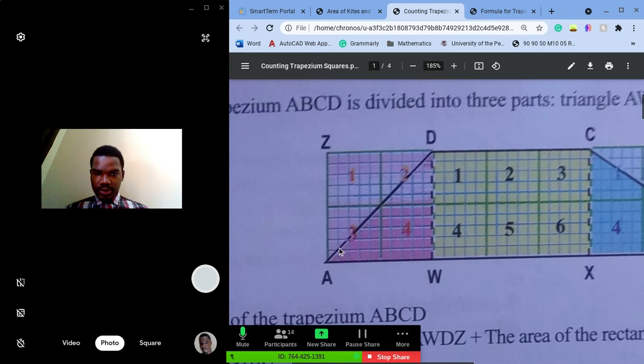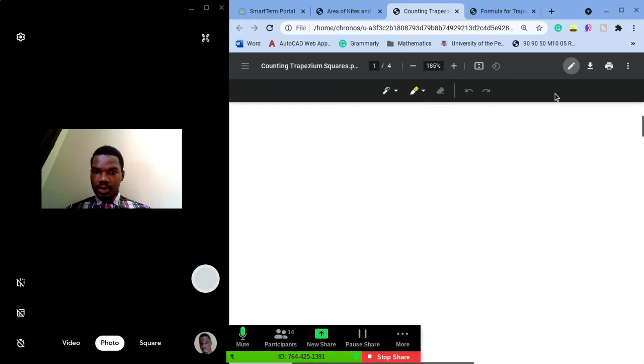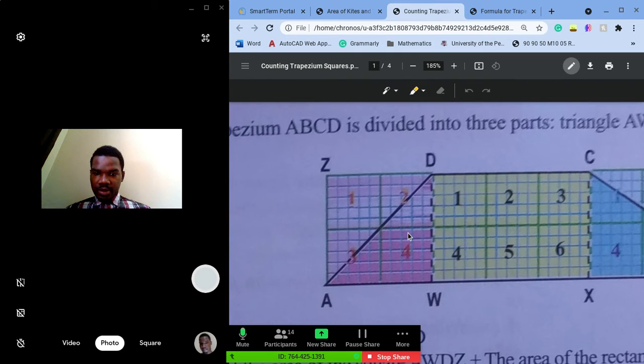Look at it closely. We have 4 squares, right? 1, 2, 3, 4. Wouldn't half of those squares be exactly 2? Does everybody see that? AWDZ is 4 squares. So what would be 1/2 of 4? 2. So let me show you where those 2 came from.